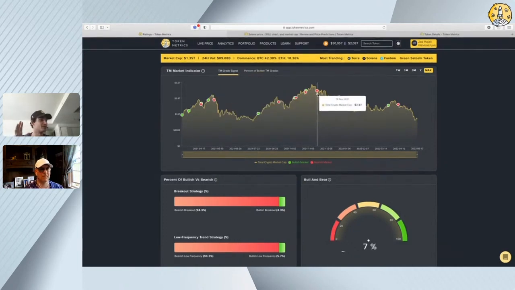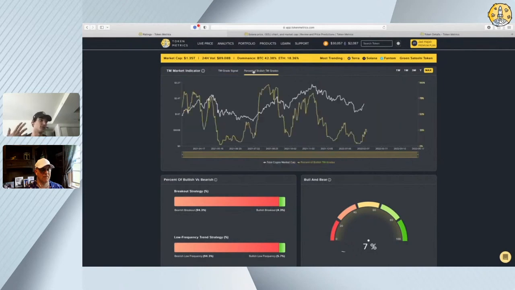All right, now to go a bit more in detail. Here we are saying if it's bearish or bullish, but not really how strong the signal is. So if you want a better visual, you can click on the percent of bullish TM grade. Here we're showing the total crypto market cap compared to how many coins have a high TM grade.